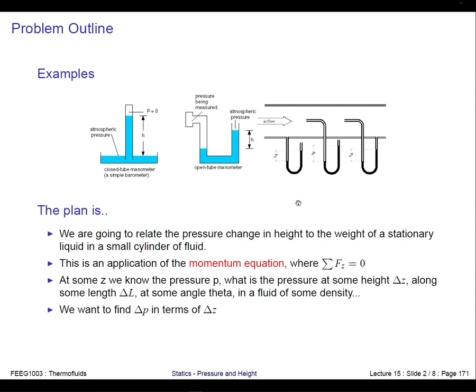We can also use pressure differences to measure the velocity of fluids. This is called a pitot-static tube, and there are various configurations. As we will discover early next term, the pressure in a moving fluid is different to the pressure due to a stationary fluid. In these three examples we have three different types of manometer.